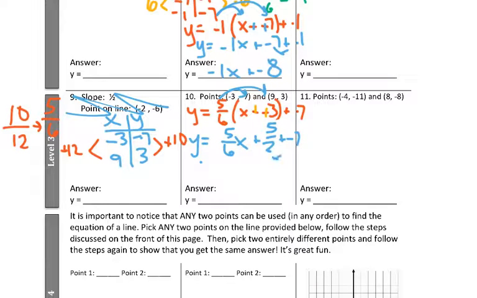And then we combine these two like terms, and we'll get an answer y equals 5/6 x. Again, doing this in my head, I think that's plus negative 9 halves, I think. Double check me if I'm wrong. Let me know. I can re-record this video if I need to. And that's cool.